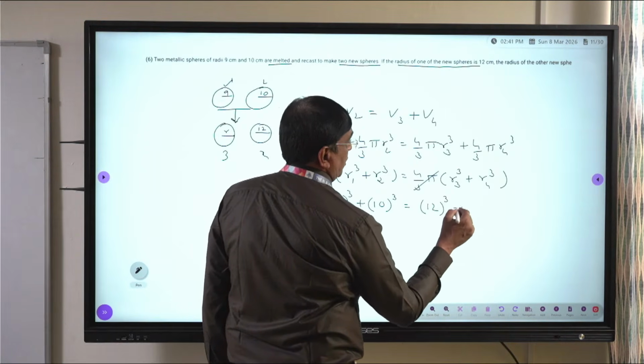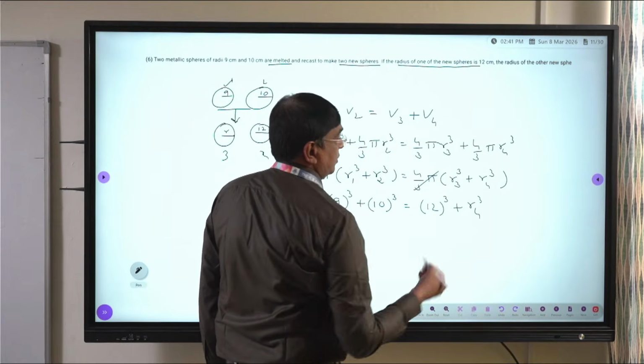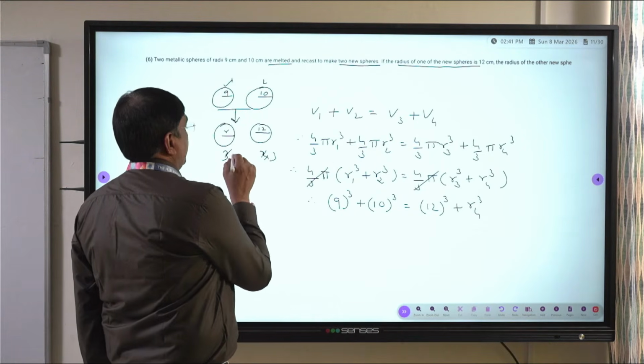तो 12 cube plus r4 cube. So it is 3 and it is 4.